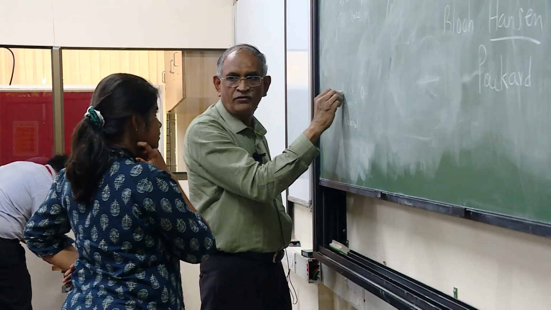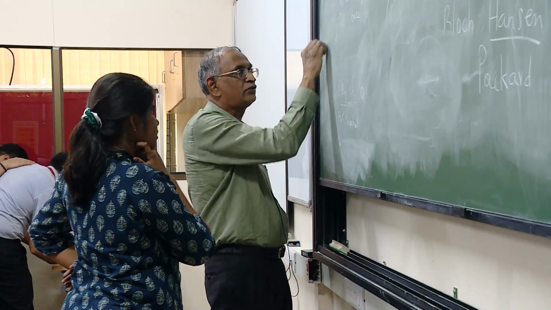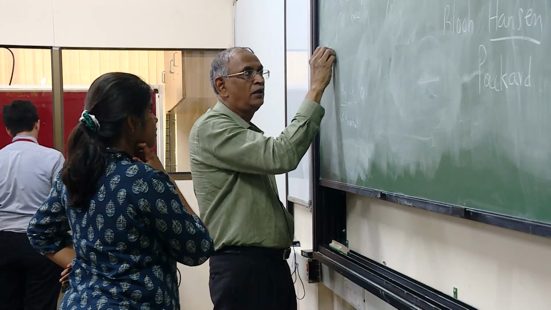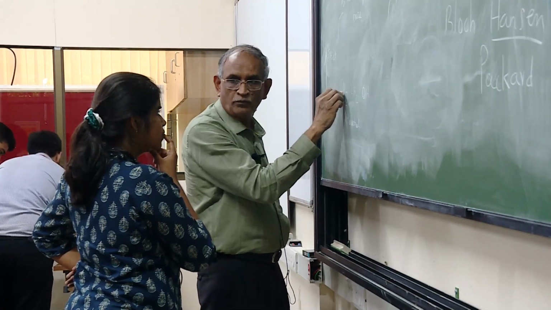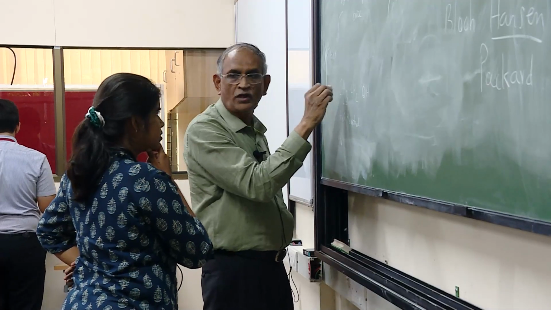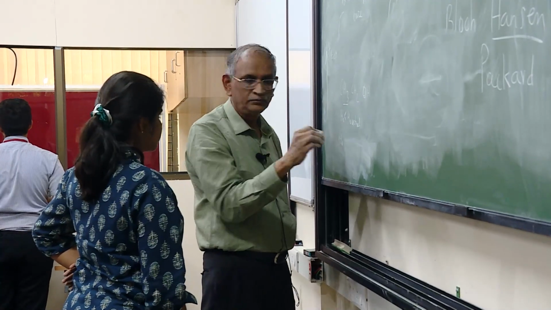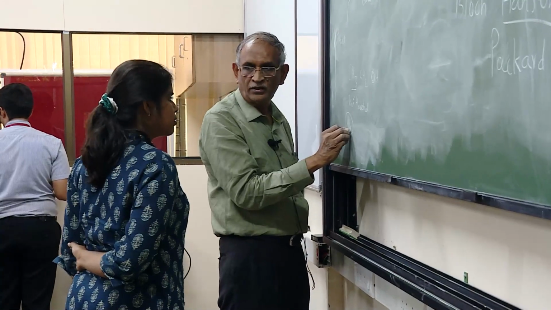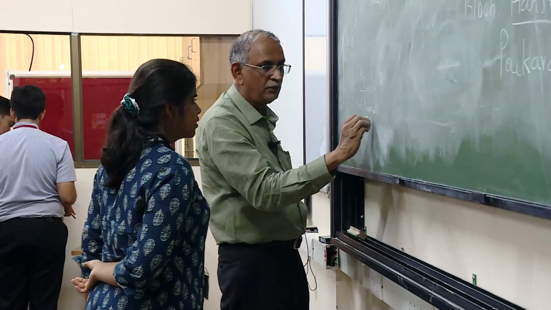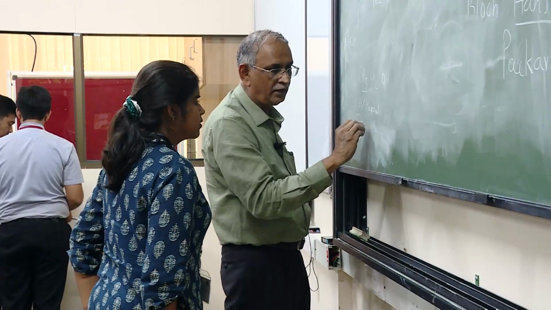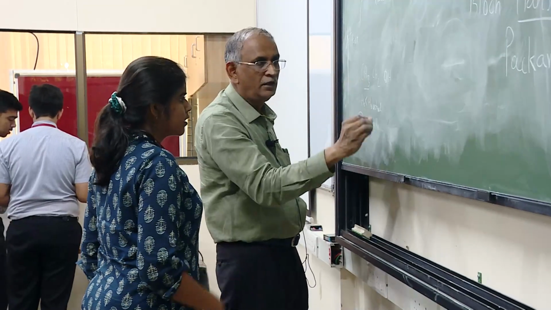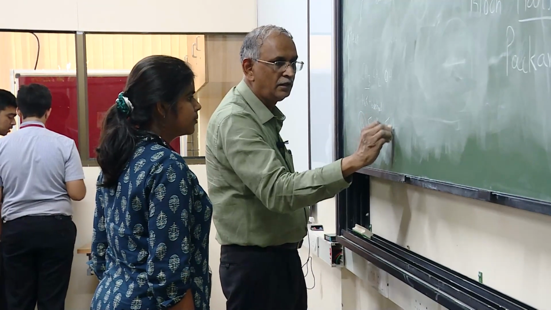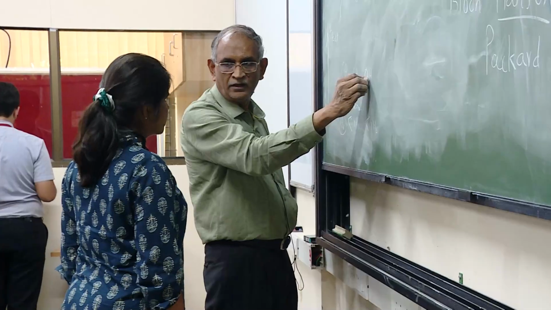The magnetic field seen by this proton is very small. Therefore, its absorption frequency is low, because the absorption frequency is gamma times H naught. Whereas for this one, gamma times H naught is higher, and this one is even higher because it sees all the magnetic field.